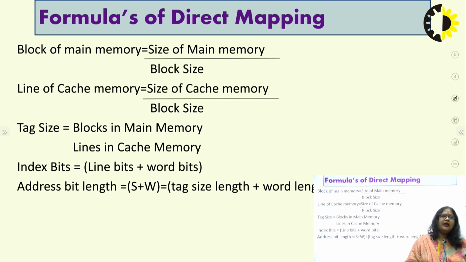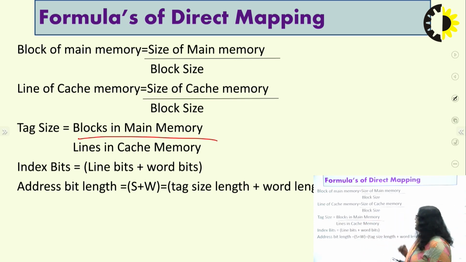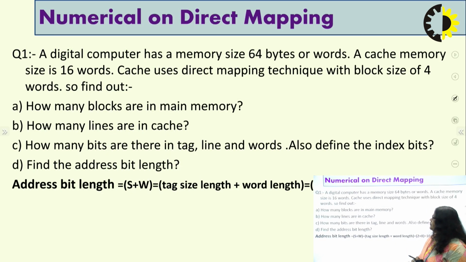The tag size is the blocks in main memory divided by the lines in the cache memory. Index bits are line plus word. Address bit length equals S plus W, that is, tag size length plus word length. So these are the basic formulas we use for direct mapping.